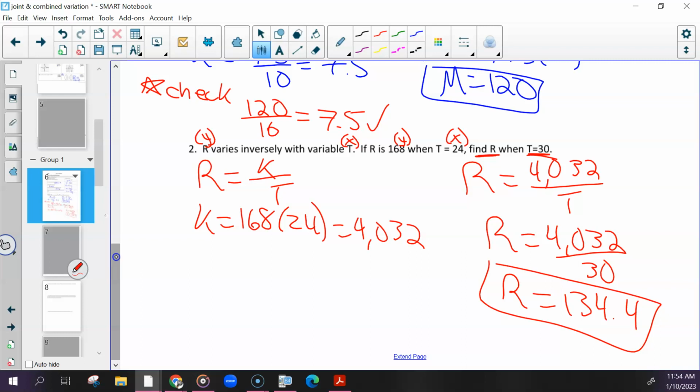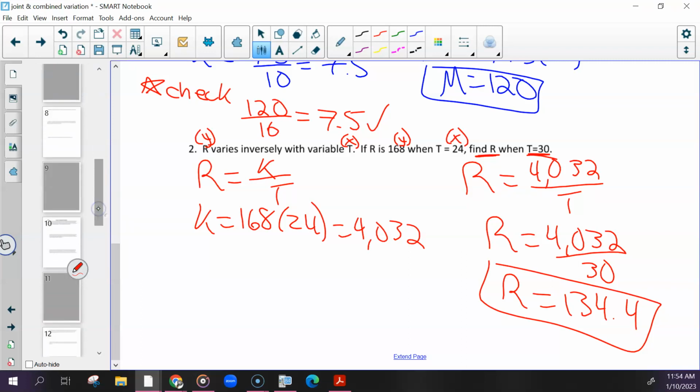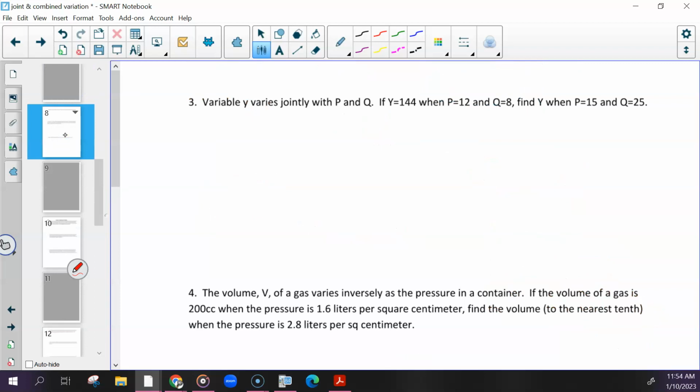We're just going to do a couple more and then stop for today. So on the next page, number 3, variable y varies jointly with p and q. Think about how we were just writing the jointly equation.